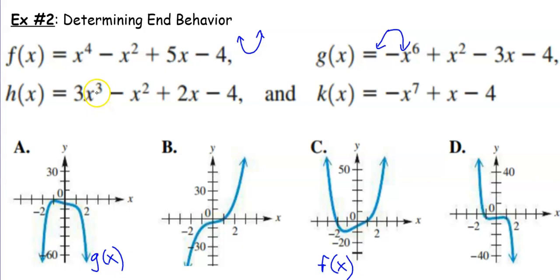An odd numbered power. So as x goes negative, the cube of a negative is a negative. So as x approaches negative infinity, y approaches negative infinity. This graph looks like that. My odd power. This is h of x.